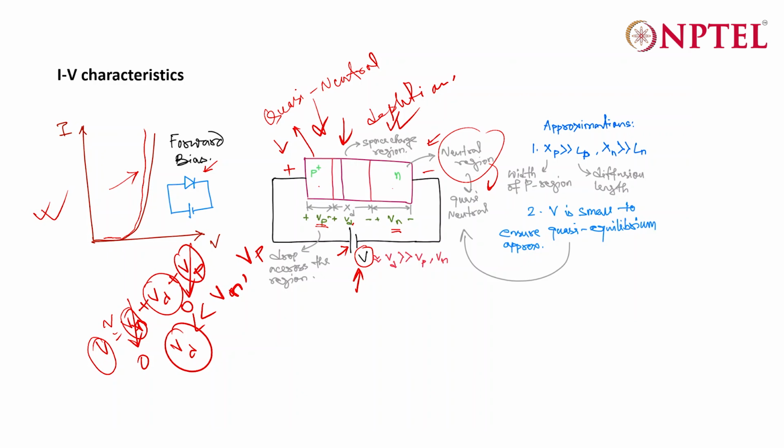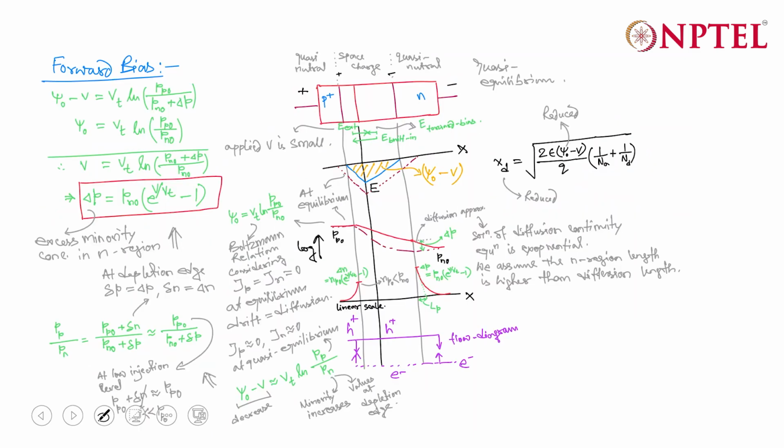So let us first study the forward bias condition with respect to the band diagram. So this is the band diagram in forward bias condition. We already said we are considering quasi-equilibrium situation because you are applying an external voltage.